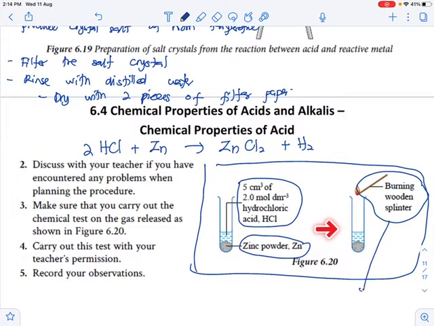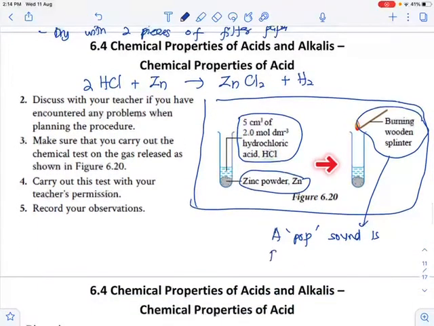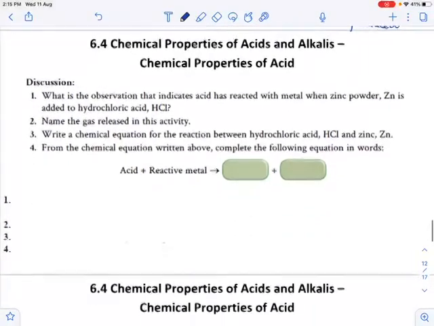What happens is a pop sound is produced. A pop sound is produced because the gas produced is hydrogen gas.